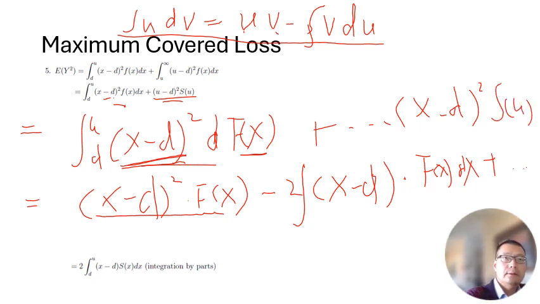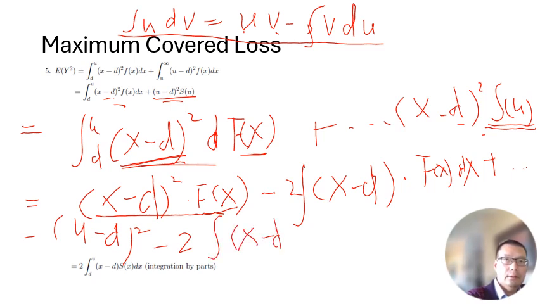From here you actually have F(u) and S(u). These two, F(u) and S(u), add up to 1. So the first part becomes (u minus d) squared, and the second part is still this. And F(x) is just 1 minus S(x) dx.